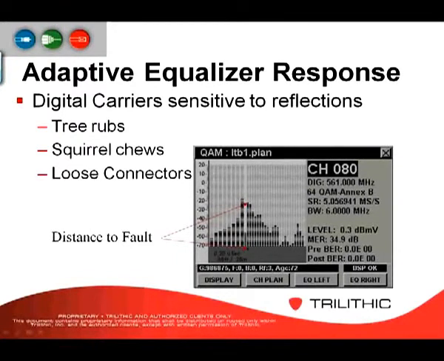Now, the other thing that's in your digital set-tops is what's called the adaptive equalizer. The adaptive equalizer corrects the effects of reflections in the transmission path. The equalizer mode indicates the strength of specific reflections, their location in relation to the test point location, and it's going to show you how hard the equalizer is working to make those corrections.